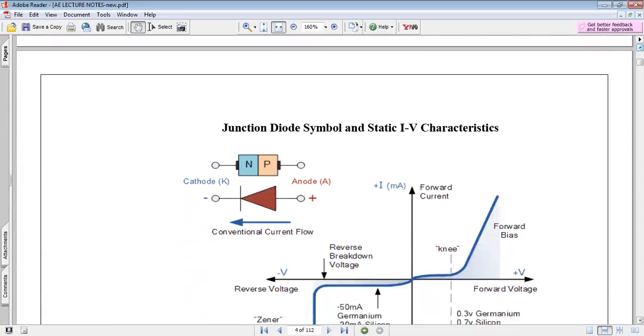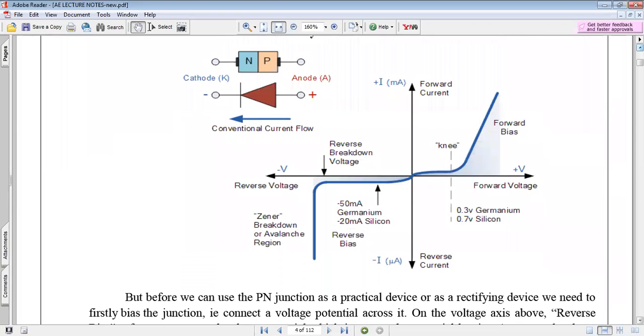In that characteristic, we have studied that initially at the PN junction, a depletion layer is formed, and to overcome that depletion layer, a certain potential is required, which is 0.3 volt if the material is germanium and 0.7 volt if the material is silicon. So in both the cases, to overcome this potential barrier region, this amount of voltage is required.